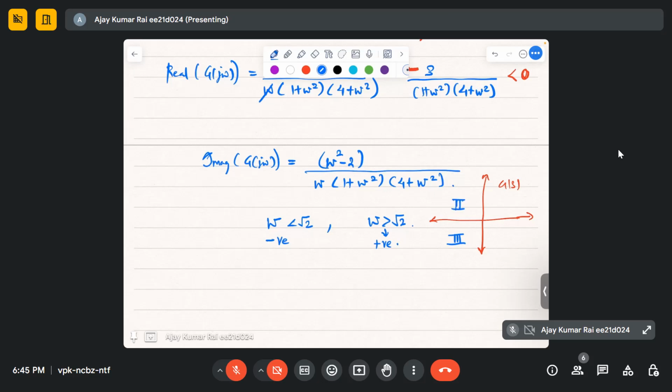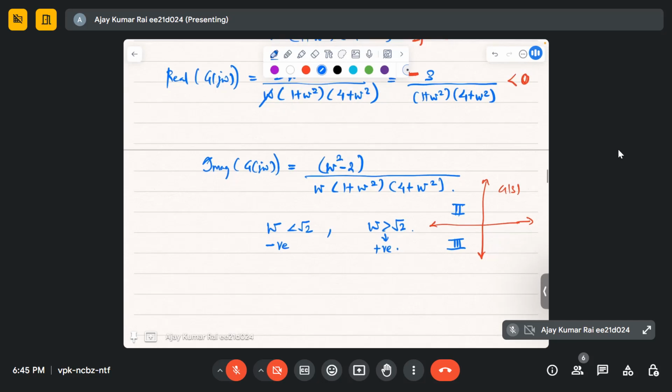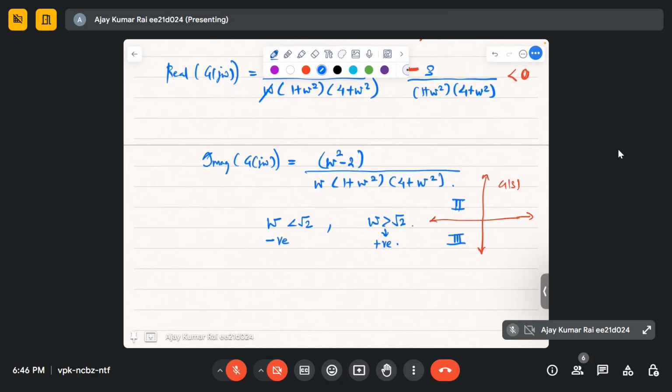Okay, so I'll get the Nyquist plot in these two quadrants, right? Because real part is, I know it's always negative, and the imaginary part depends on whether omega is greater than or less than root 2. Okay, at least up to here everything is clear. Okay, so we know where the Nyquist plot is going to lie.